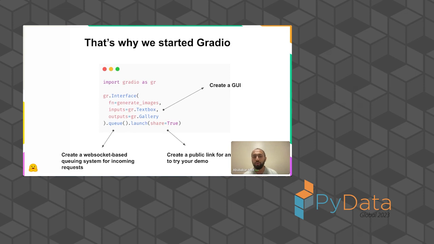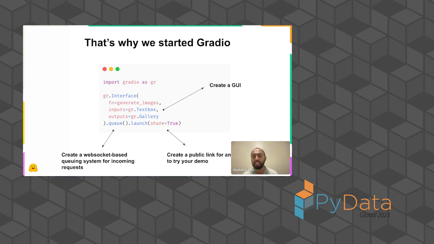Gradio at its core lets you create a machine learning demo or a performant machine learning web app in just a few lines of Python code. The core Gradio class, the one you've got to know if you're starting out with Gradio, is the Gradio Interface class.